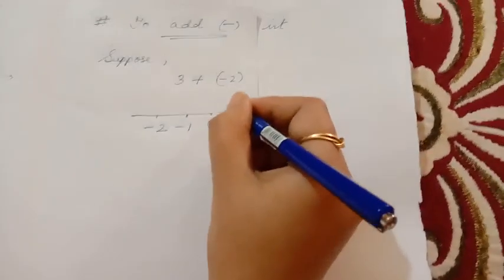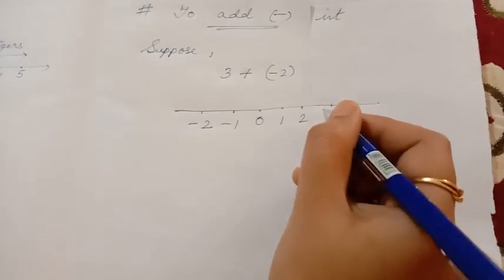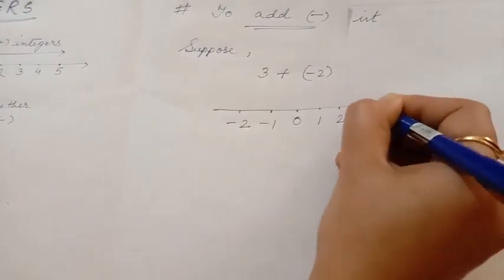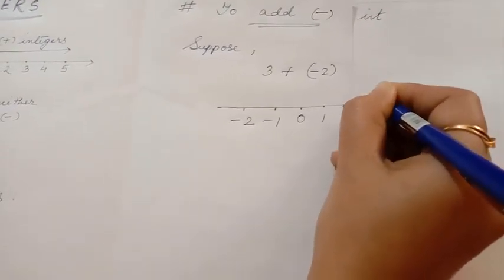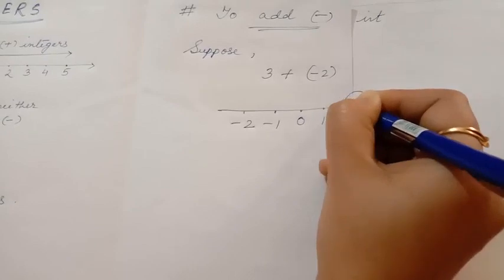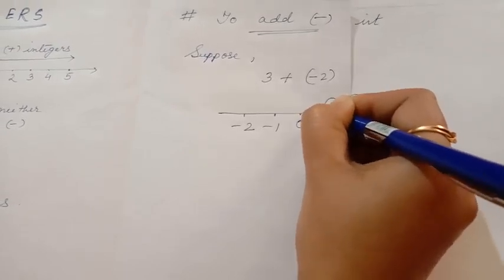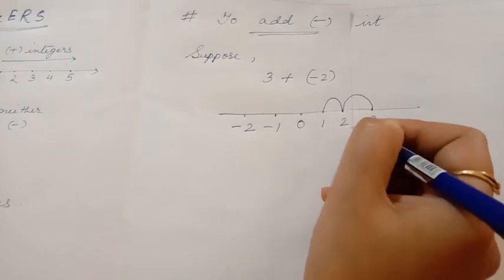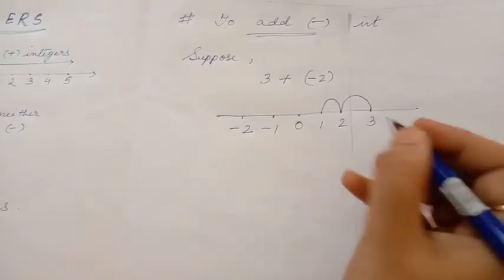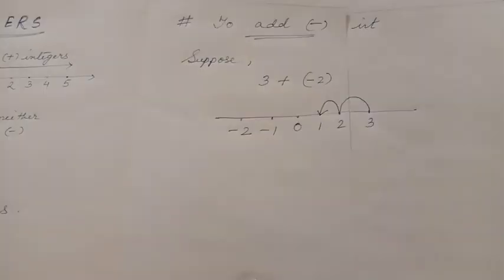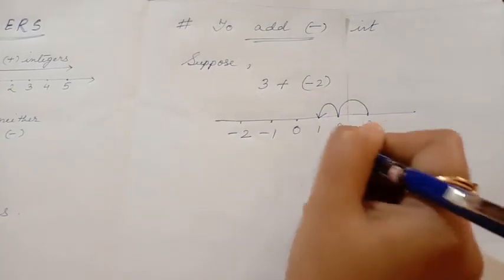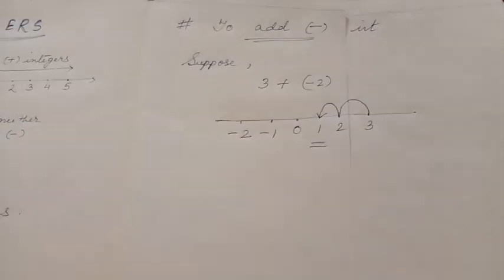You start from 3 and move left 2 units. So we get +1.